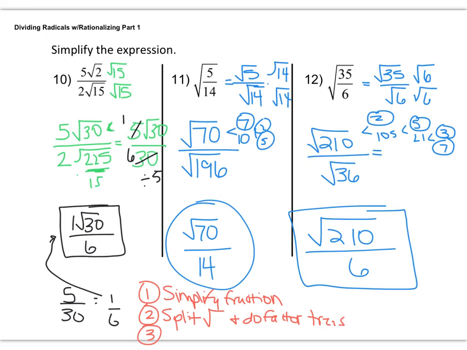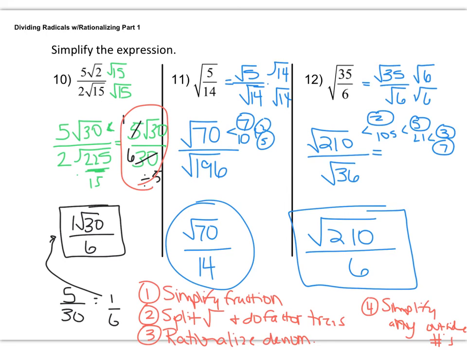Step 3 then is to rationalize the denominator, which is what we were doing, right? It's when you multiply top and bottom by whatever that radical is in the bottom. And then step 4 would be to simplify any outside numbers.